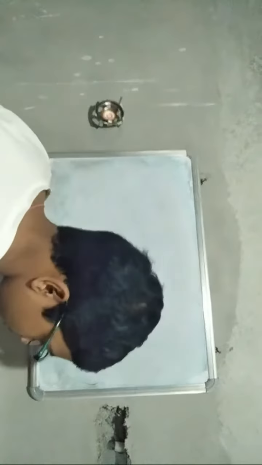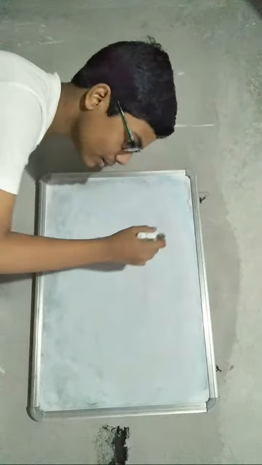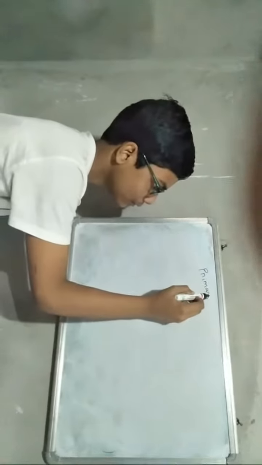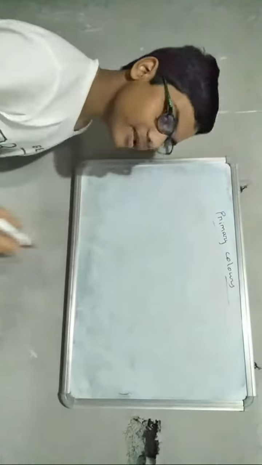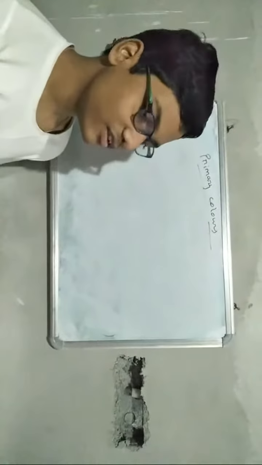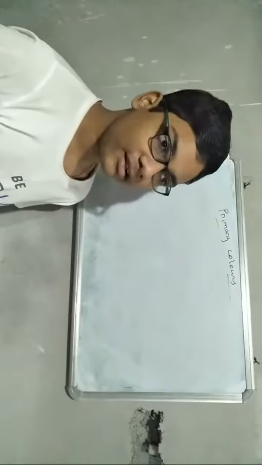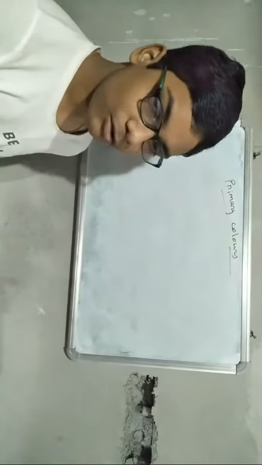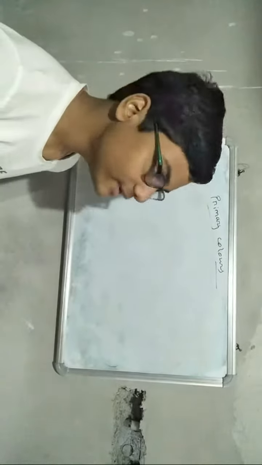Now next, coming to primary colors and secondary colors. What do primary colors really mean? Primary colors are the colors by mixing all of which we can obtain the white color.